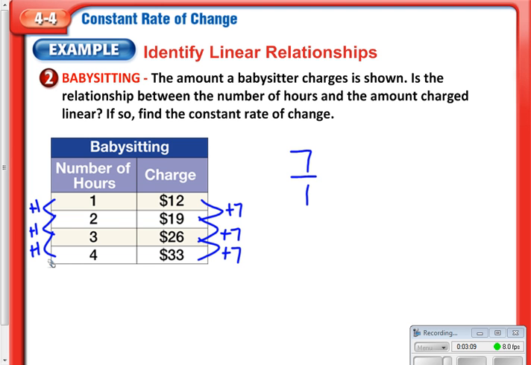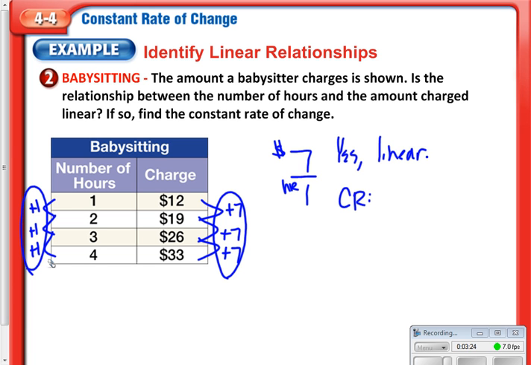Again, 7 over 1, $7 per hour. So everything is constant on the right, everything is constant on the left. Yes, it is linear, and that constant rate is $7 per hour.